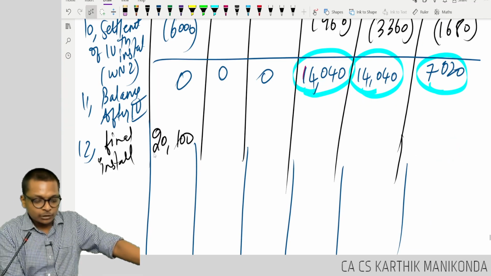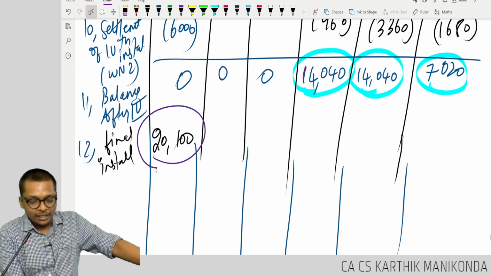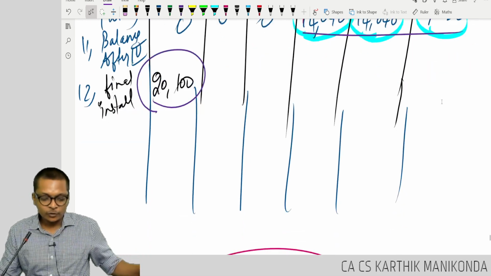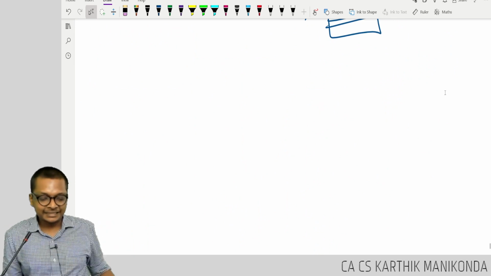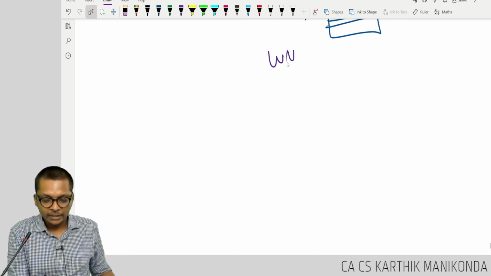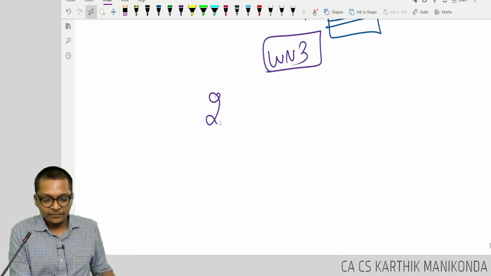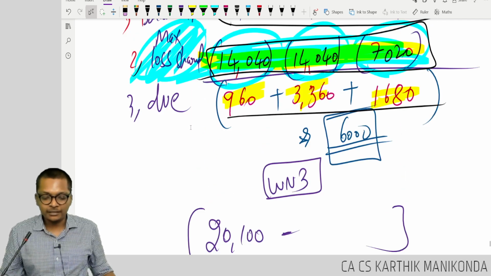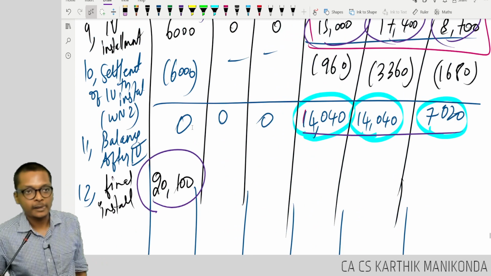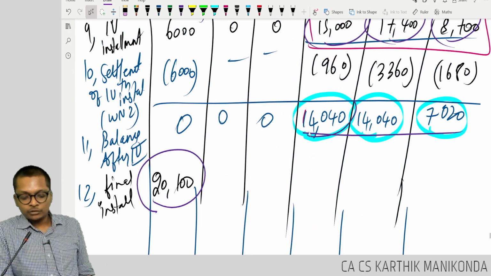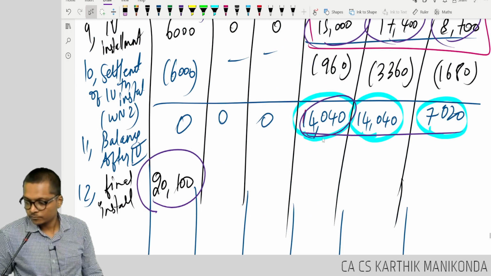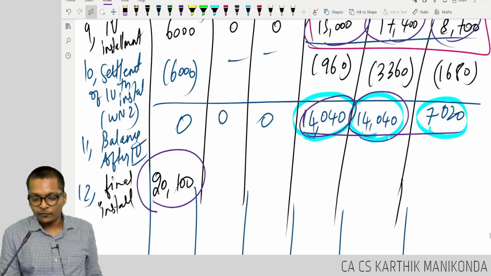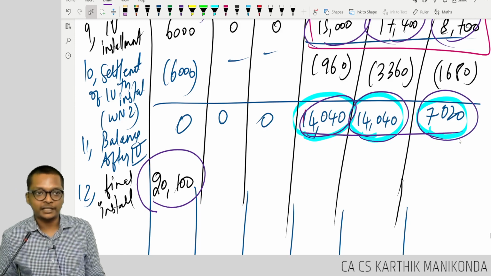I have 20,100. This is the payable. So I have to prepare working note 3. I have 20,100. What is the total of partners' capital at this point? 14,040, 14,040, 7,020.